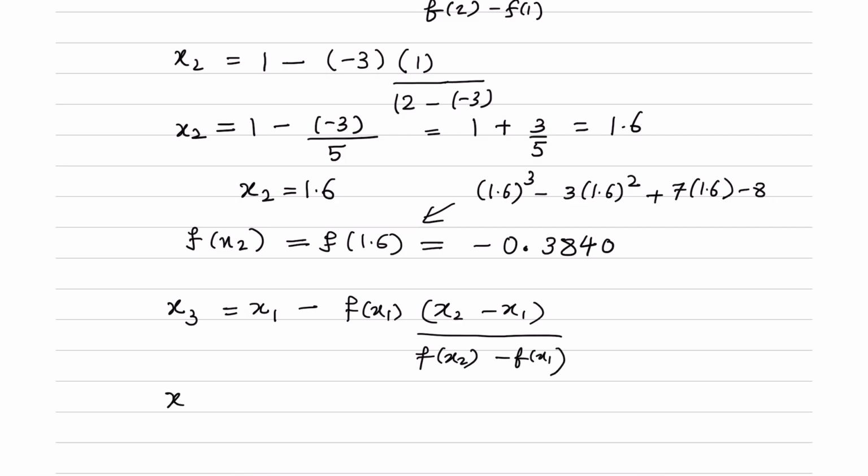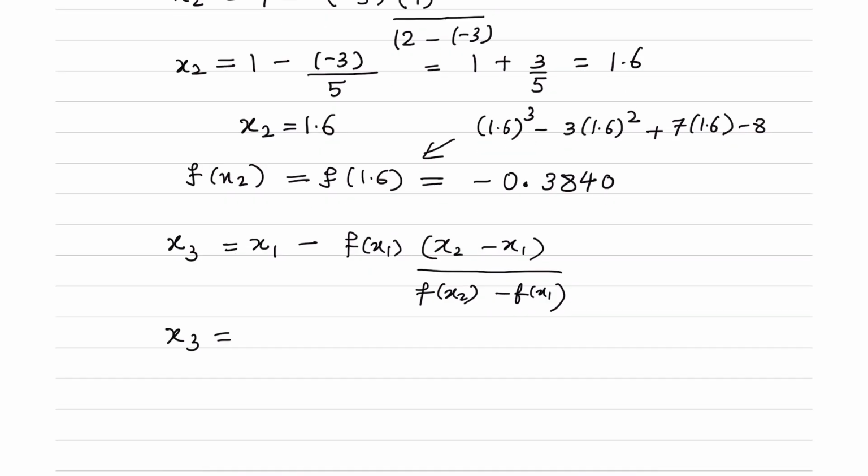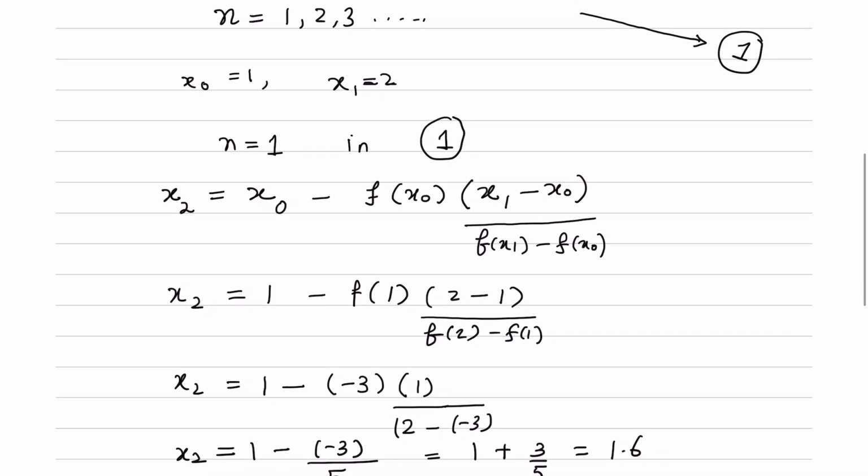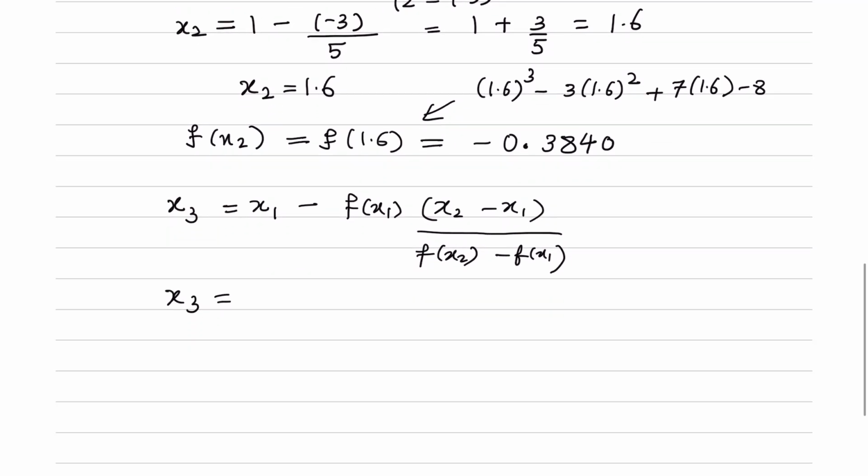And let's plug in the values for x3. We had the value of x1 in the beginning, it is 2. So x1 is 2 minus f of 2.